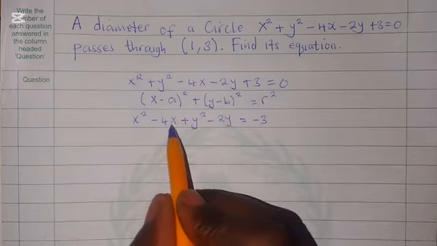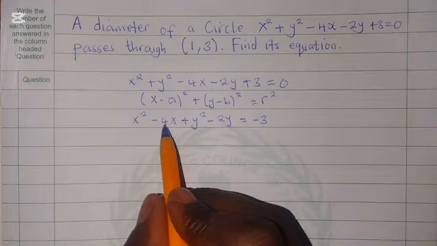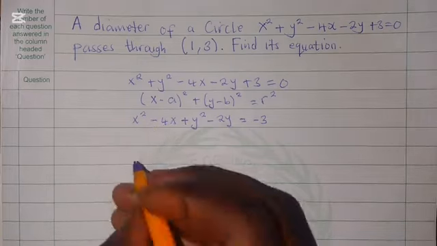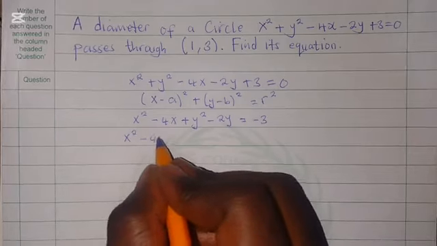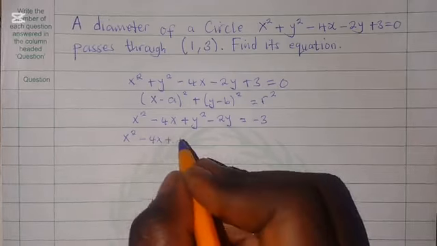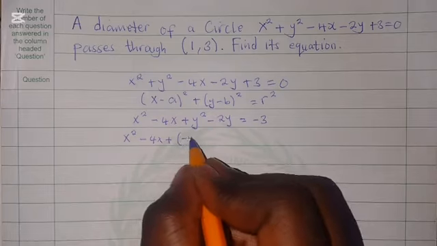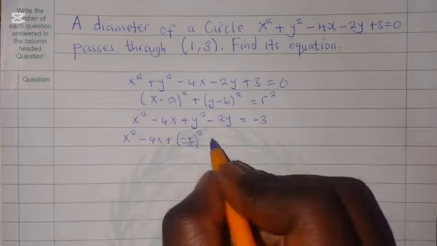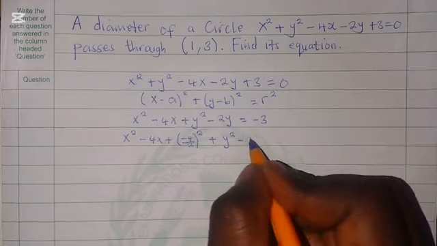So we are going to take a look at the coefficient of the x in the middle, which is minus 4. We take this minus 4, divide it by 2, and then square it. So we are going to write x squared minus 4x plus (negative 4 over 2) squared, plus y squared minus 2y.